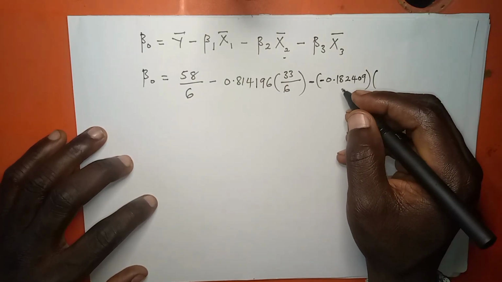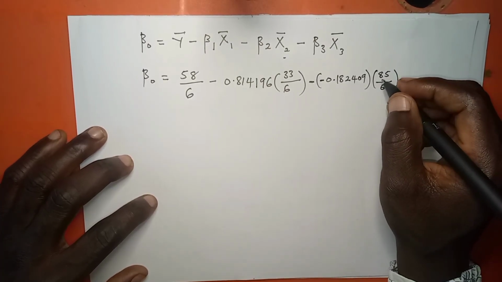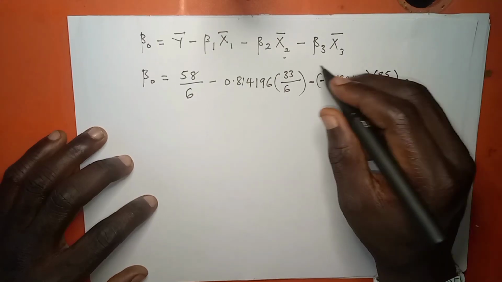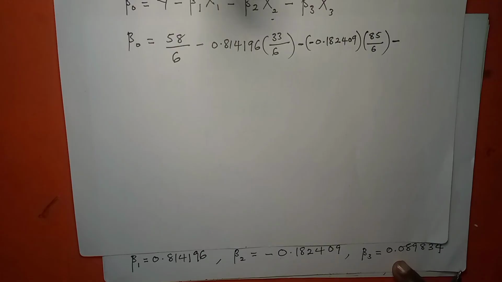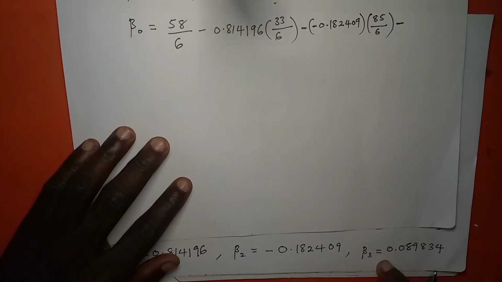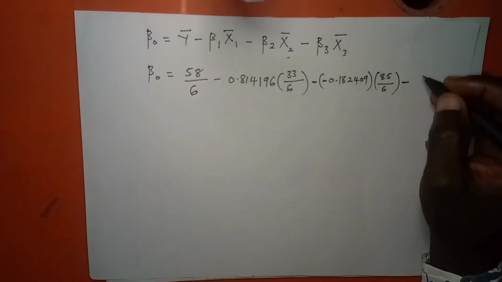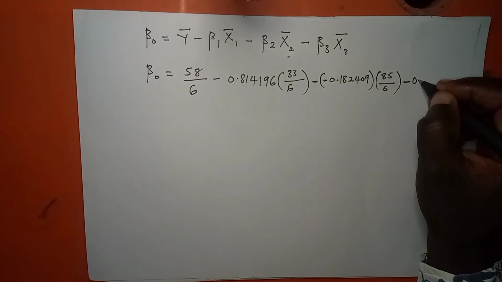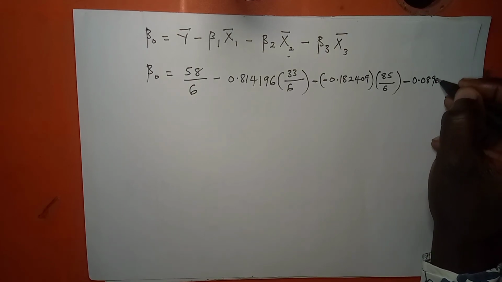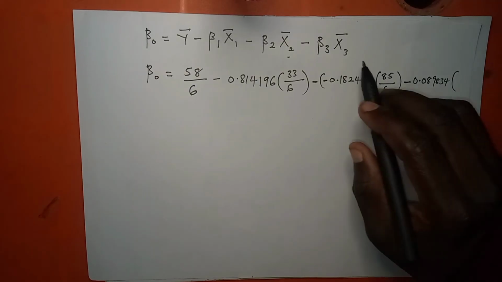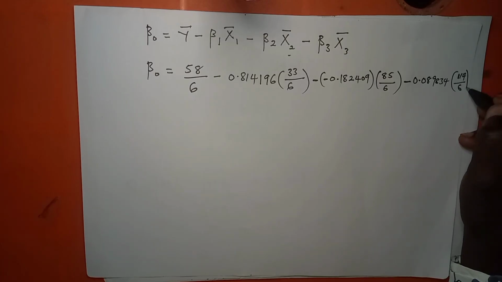Our summation x2 is 85 divided by 6. Then we have minus beta 3, which is 0.089834, into brackets x bar 3, which is 114 divided by 6.